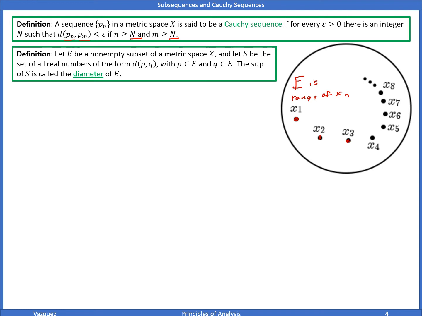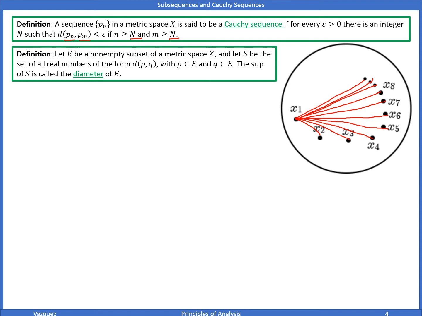That is E. What is the diameter of all those points of the set E? Well, for the diameter of E, we take all the distances between, so this point, we take this distance, this distance, this distance, so on and so forth.